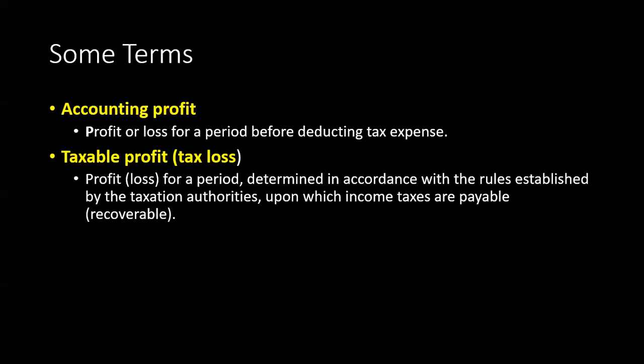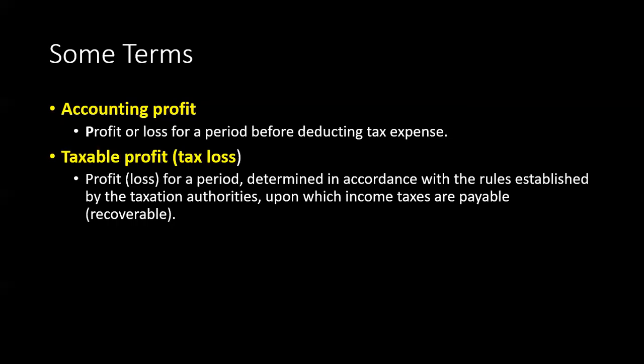So there is a difference, and that difference, due to temporary reasons or timing differences, which normally arises because of the accounting assumptions, is being reflected through deferred tax liability or deferred tax asset.